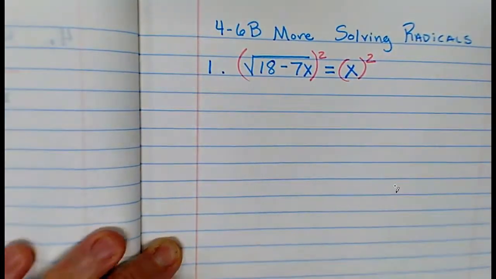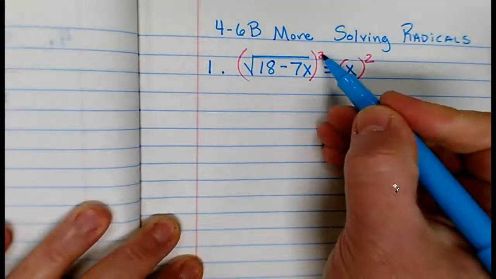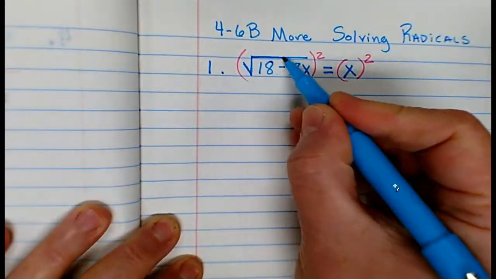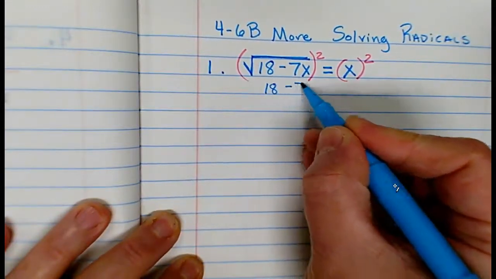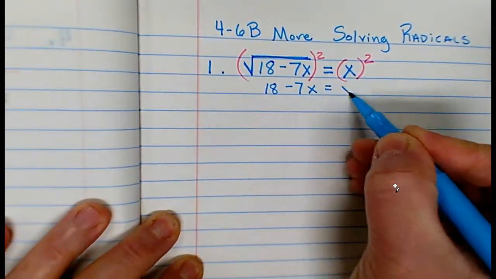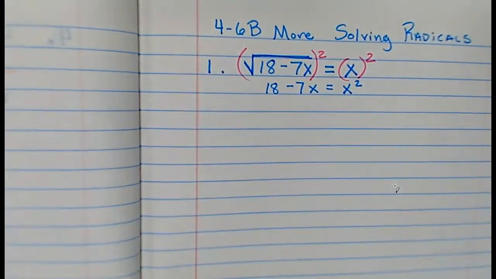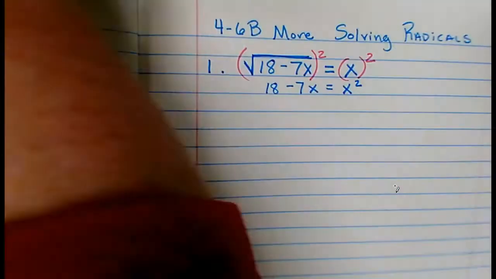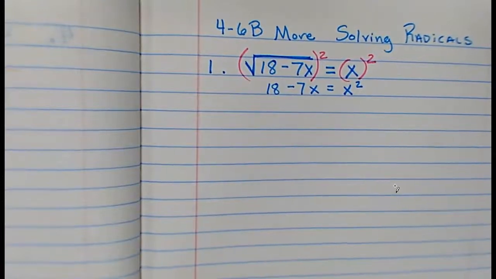square both sides. The reason I square both sides is the square cancels out the square root because they are opposites. Because the x is squared, this is a quadratic equation.